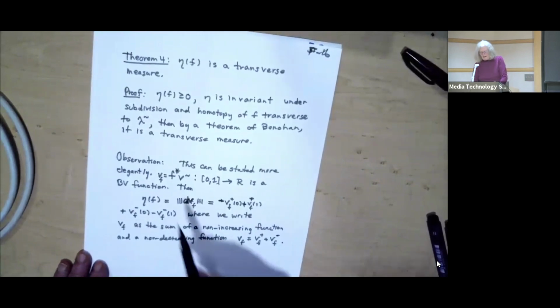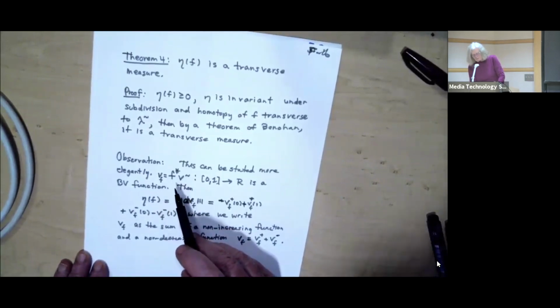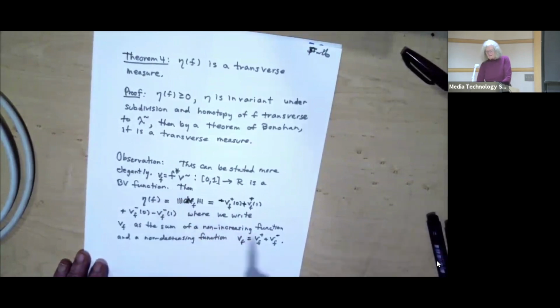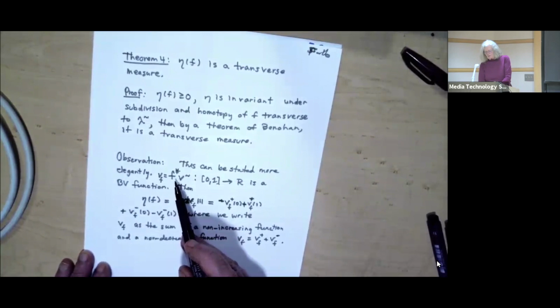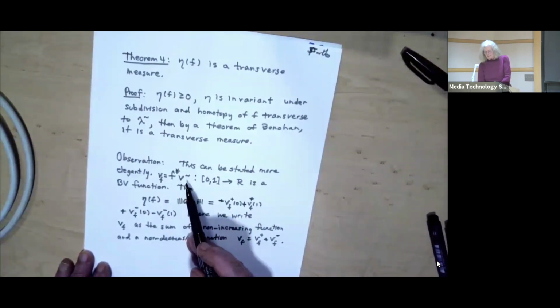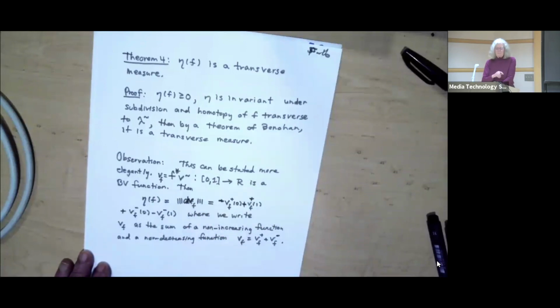And an observation, which I've noticed embarrassingly late, is that if I have this curve F, which is transverse to the lamination, I can pull V tilde back to the curve, and I get another BV function. And as a BV function, it has a norm.